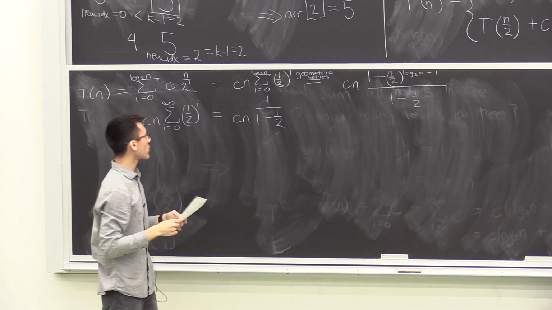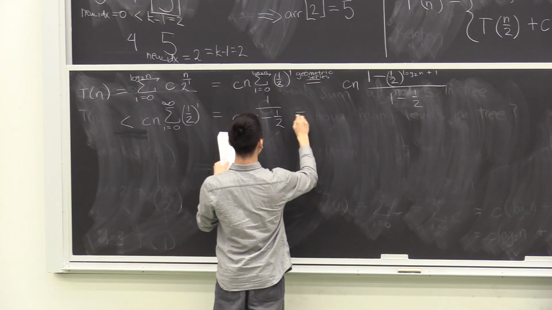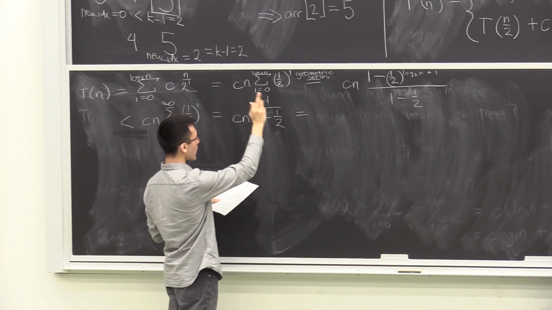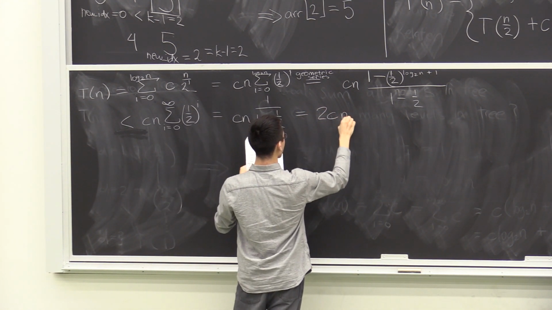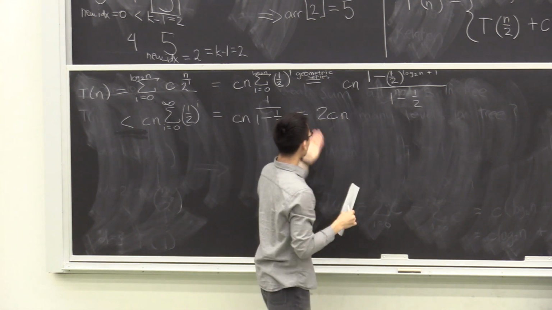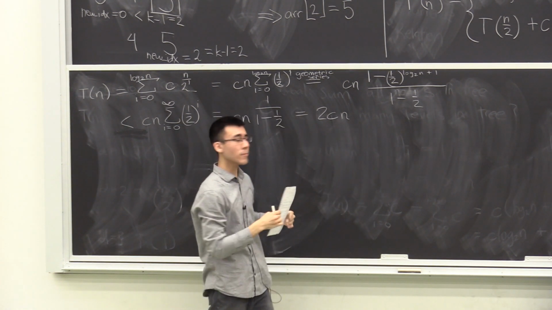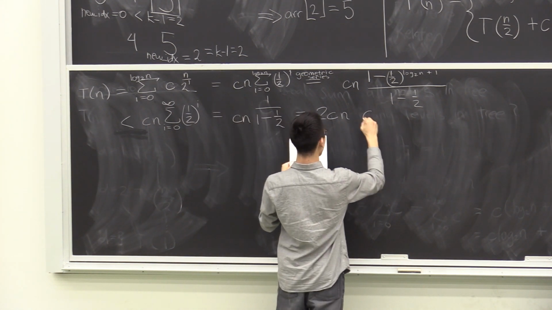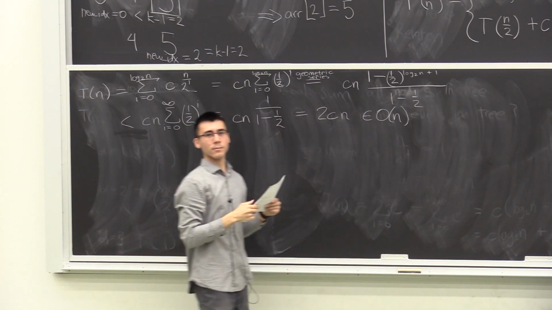You can remember this from your calculus course. So 1 minus half is half, and 1 over half is 2. You will get 2Cn. Now 2C is just a constant, and now we're just left with our n term. So hence, this is an O of n.